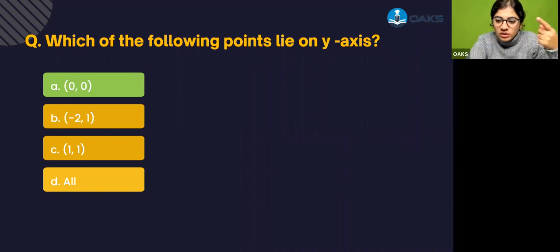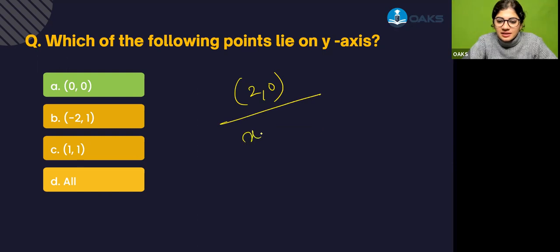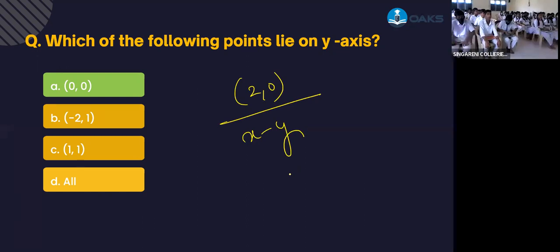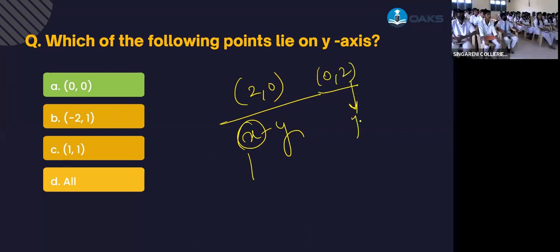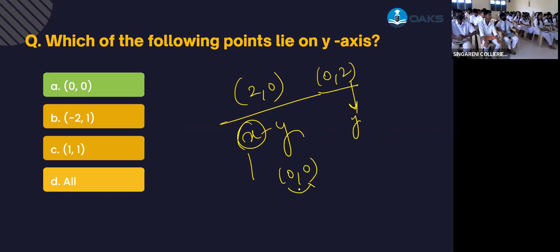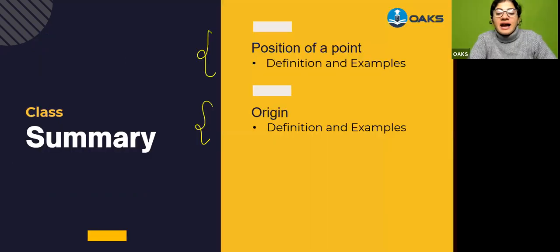And where does this point lie? 2, 0. 2, 0 lie on which axis? 0 comma 2 will lie on y-axis, and 0 comma 0 will lie on. Yes, now he is smiling. Okay, thank you so much. So this was a summary of this class, and kindly revise the questions to answer your assignments.